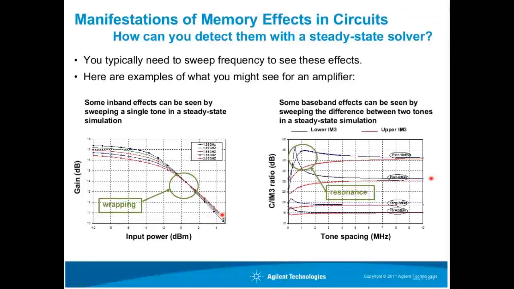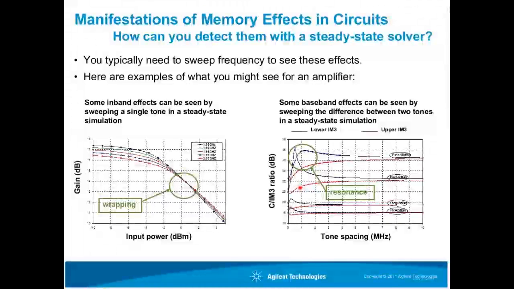For the baseband memory effects, it's quite a bit more difficult. One way to do it, there are other ways available, but you're going to need something that will simulate the circuit in the band of interest, but also give you some baseband responses. So in this case, we're using a two-tone simulation and looking at the upper and lower intermod products. And when you see a discrepancy between the upper and lower intermod products, that means that there's something going on in the baseband that is different between the two, and those are considered to be memory effects.